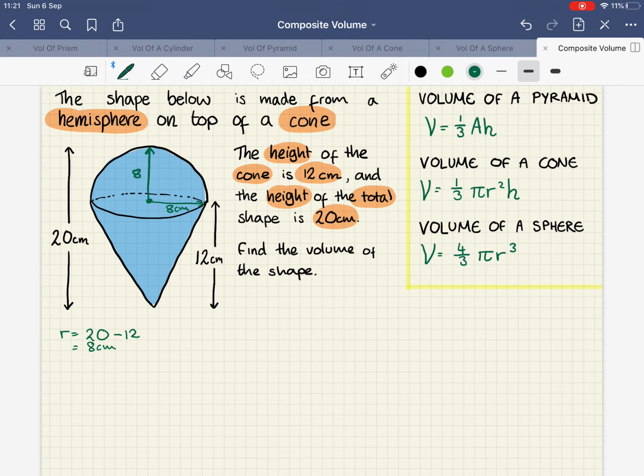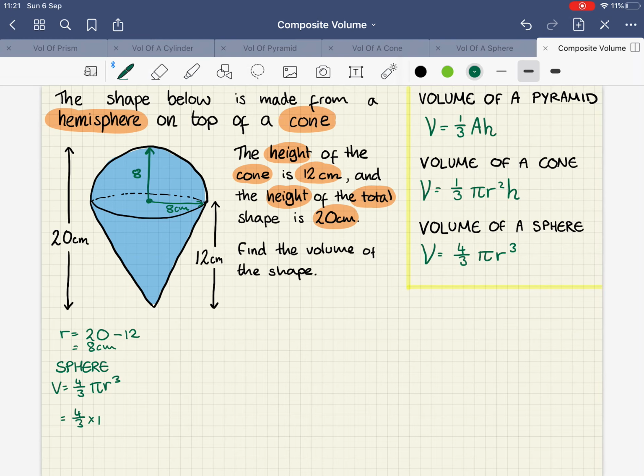So now I've got that information, I can figure out the volume of my hemisphere and my cone. Let's do the hemisphere first. To start off with, I'm just going to find out the volume of a whole sphere. I'll write my formula first: 4/3 pi r cubed.